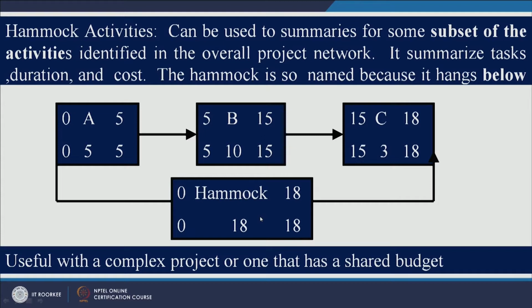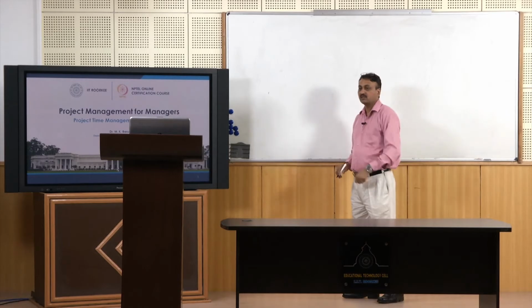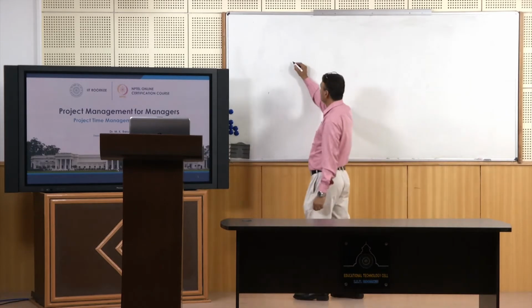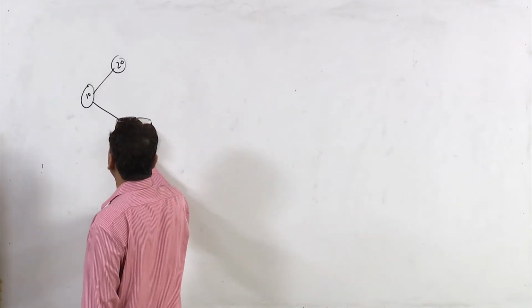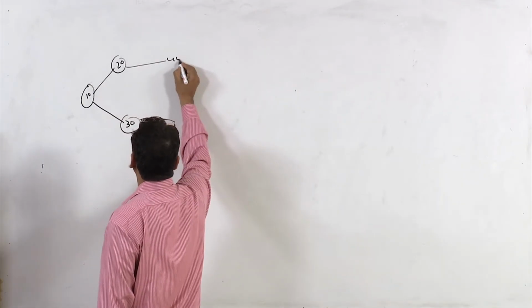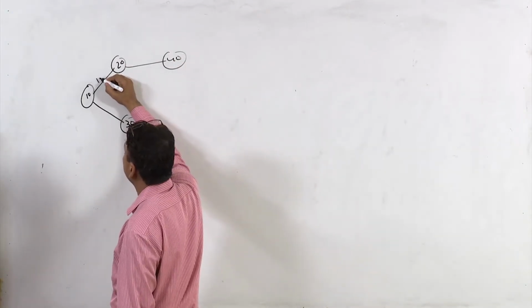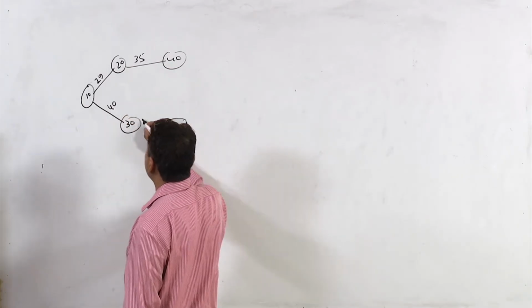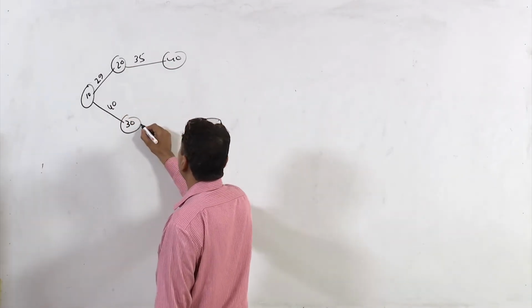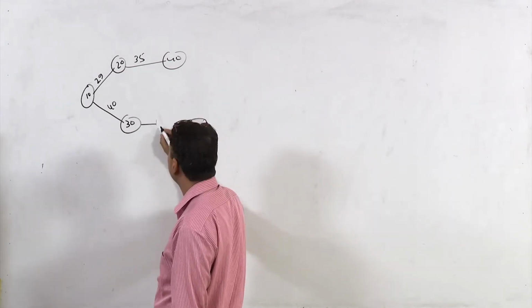So let me draw a network in which I will fix this particular Hammock activity. So let us say this is activity 10, 20, 30, 40. Let us say this is taking 29 days, 35 days, 40 days, and these are some other activities. Let me put it in this way.